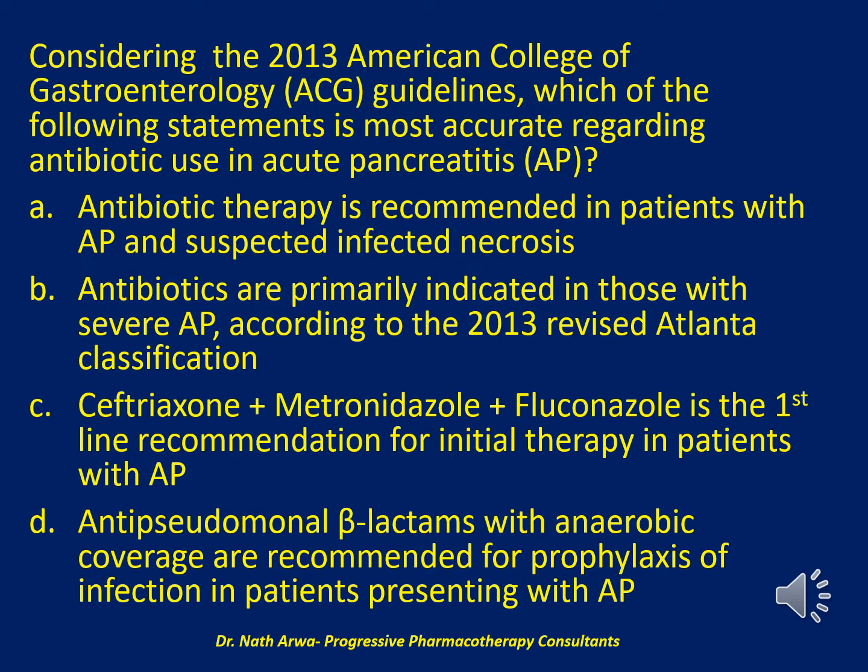Is it A. Antibiotic therapy is recommended in patients with AP and suspected infected necrosis, or B. Antibiotics are primarily indicated in those with severe AP, according to the 2013 revised Atlanta classification, or C. Ceftriaxone plus metronidazole plus fluconazole is the first-line recommendation for initial therapy in patients with AP, or is it D. Antipseudomonal beta-lactams with anaerobic coverage are recommended for prophylaxis of infection in patients presenting with AP? I will give you 10 seconds to choose the correct answer to this question from the listed options.